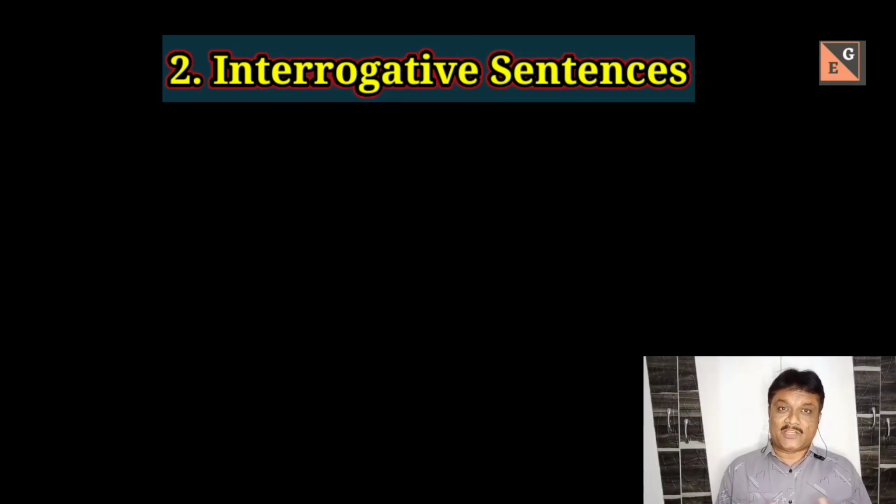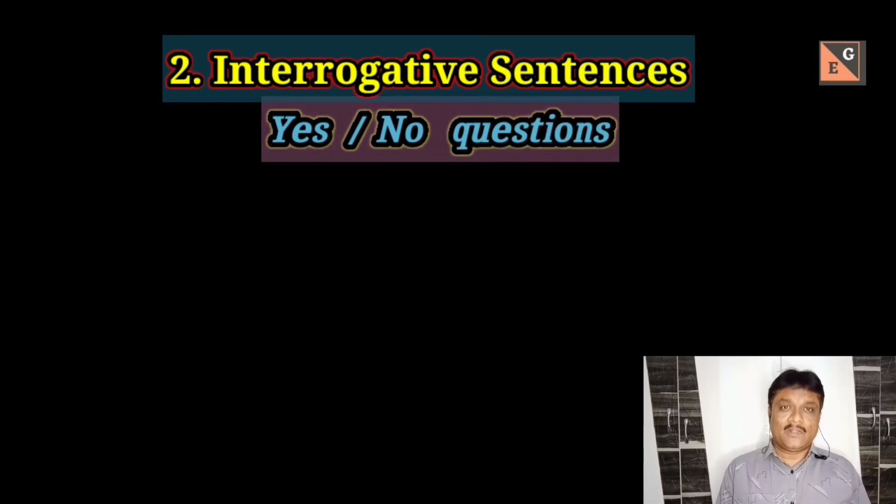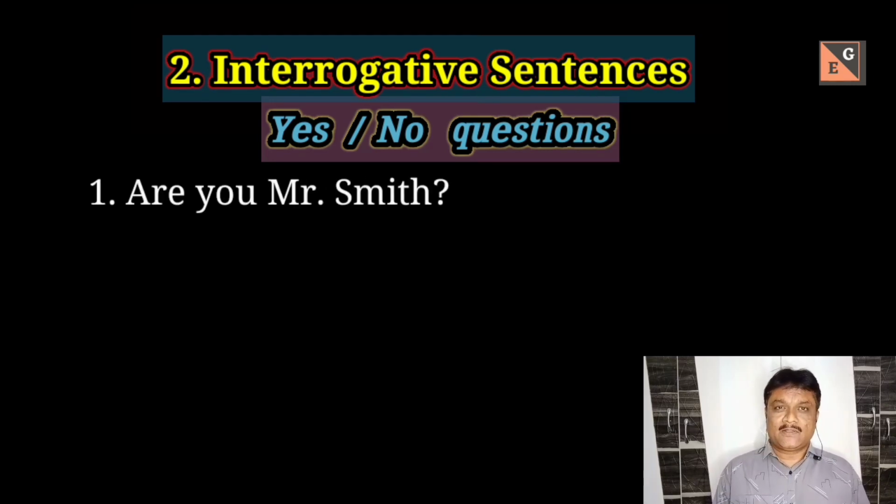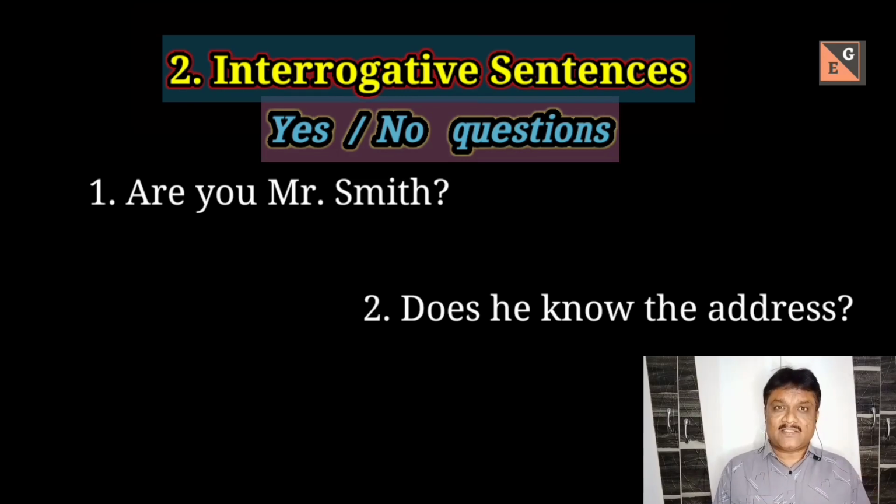And now it is the turn of yes/no questions. Well, friends, contrary to the WH interrogatives, these yes/no questions are answered only in either yes or no, and hence they are yes/no questions. Take some examples. Are you Mr. Smith? Does he know the address?